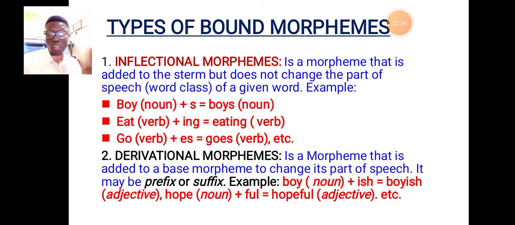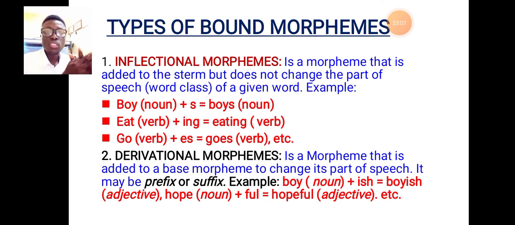We are dealing with the word class: noun, verb, adverb, adjective, whether it is going to change or not. So inflection does not change the word class of a given word. Boy is a noun, but when I added the s, it is now plural, though it is also a noun. Initially it was singular, but now plural.